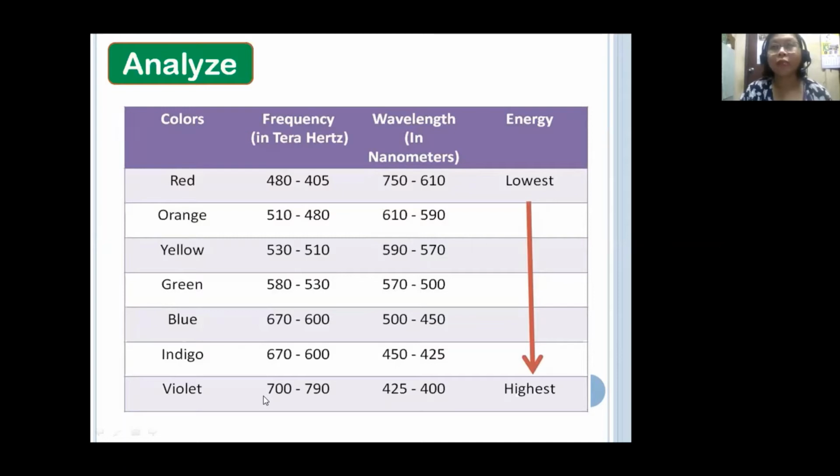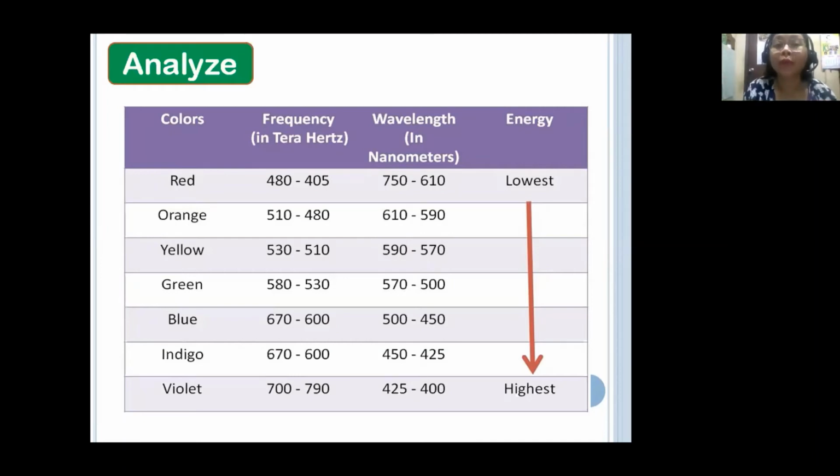Okay? So, remember the wavelength, gano'n kahaba. Yung pagitan, the distance between the wavelength is, di ba yung red, mahaba, pababa, going to violet.